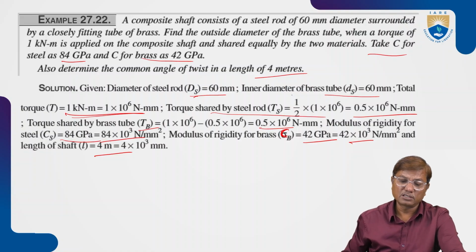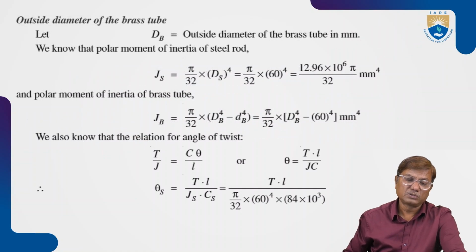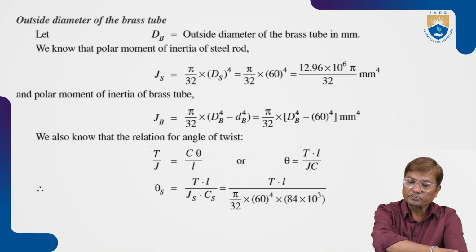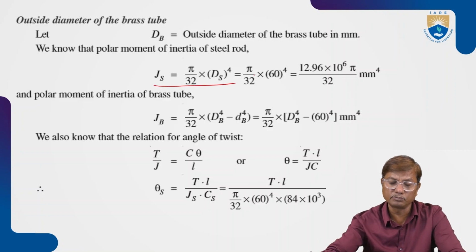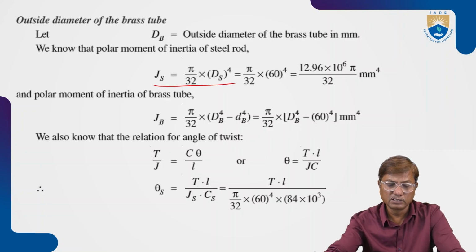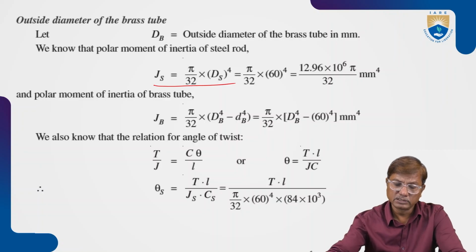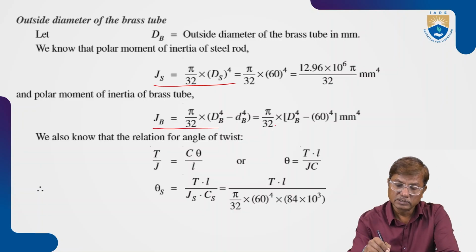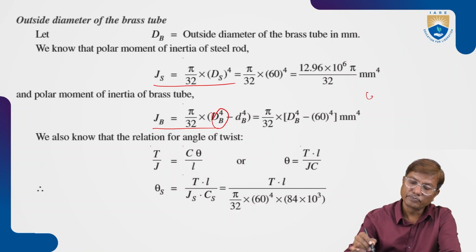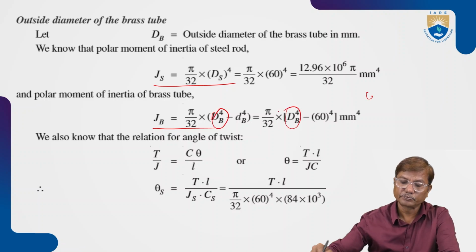So this is the data given. So how to proceed now? So we find the polar moment of inertia for a steel rod, and also for brass tube. Here we don't know the external diameter of brass tube, we need to find that.